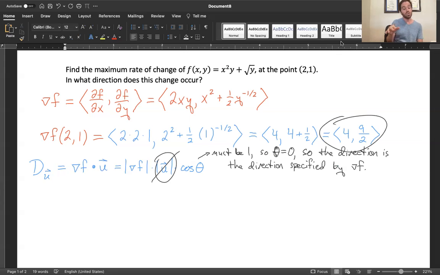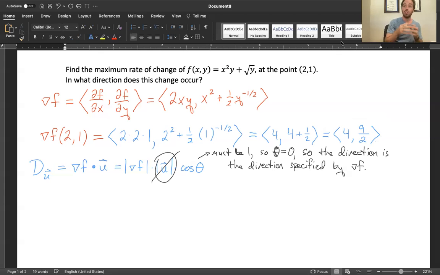But what we can change is the angle between this fixed gradient vector and the unit vector, which can possibly point in many different directions. But if we pick the unit vector to be the same as the gradient vector, that's when the money happens. So although we're picking u, it is determined by the gradient vector because that's what causes the angle between them to be 0.